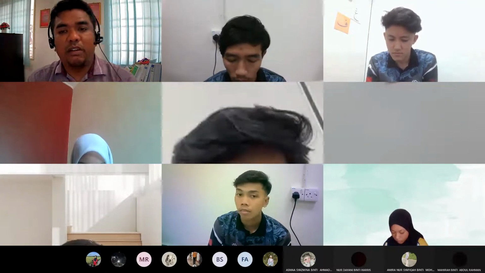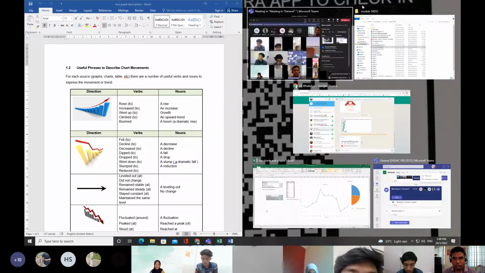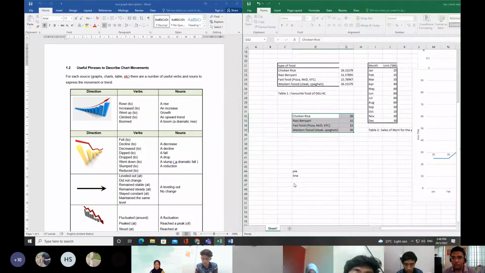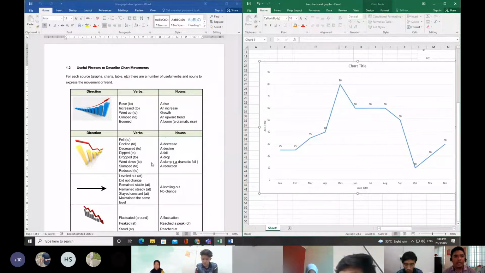So let's talk about graph movements. Okay, let's take a look at the words that we usually use to describe the movements on a line graph.